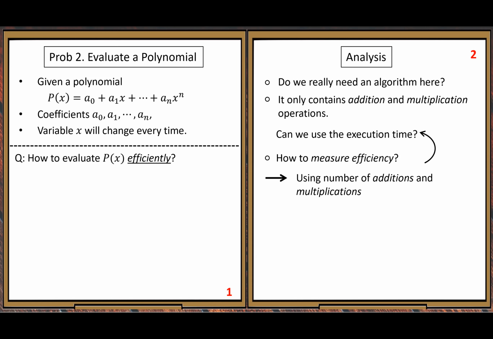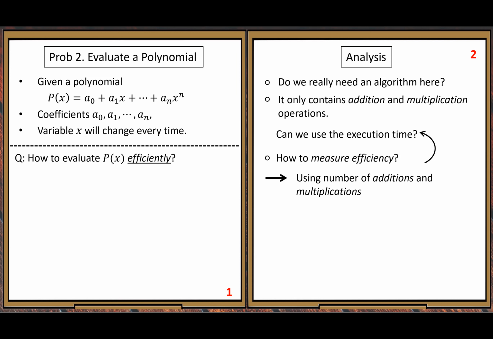Some hardware is a supercomputer, some is just a laptop, some is a mobile device, or even a calculator. So based on different computing devices, the execution time could be different. That's why we say not stable.